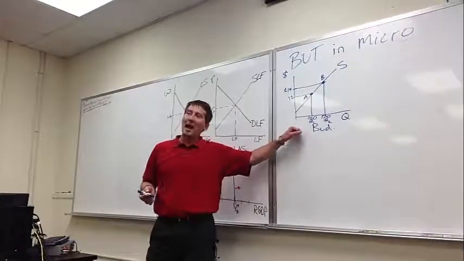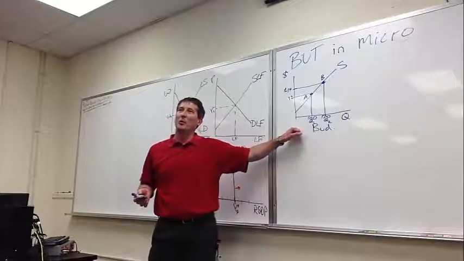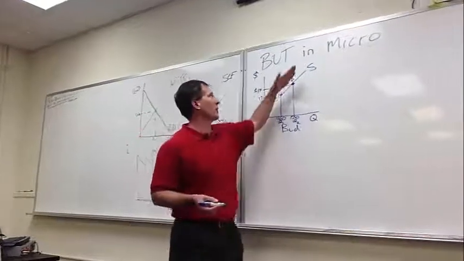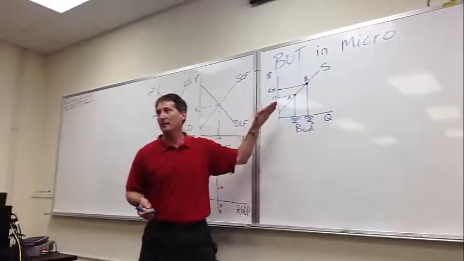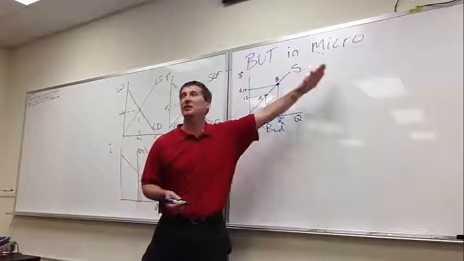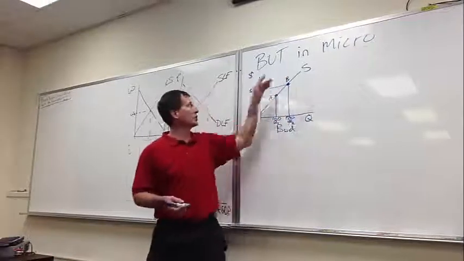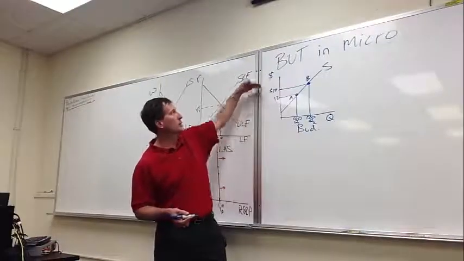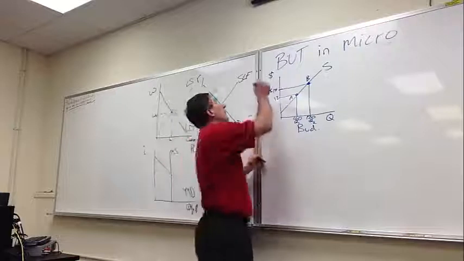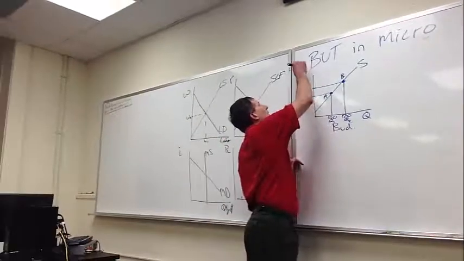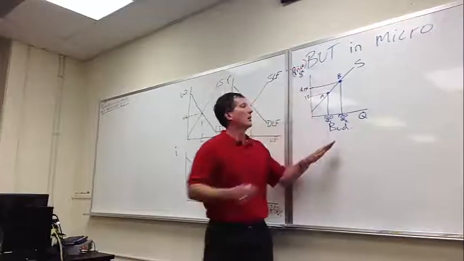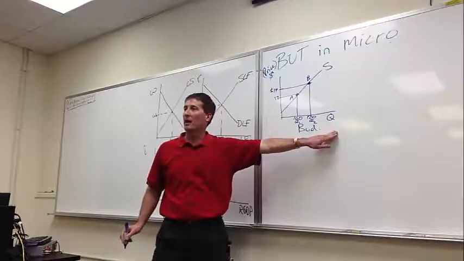So, those of you who had micro, what were some of the things that we were holding constant, i.e. those things that will actually shift this thing, when we created this positive relationship between the price of Bud going up and the quantity supplied going up?